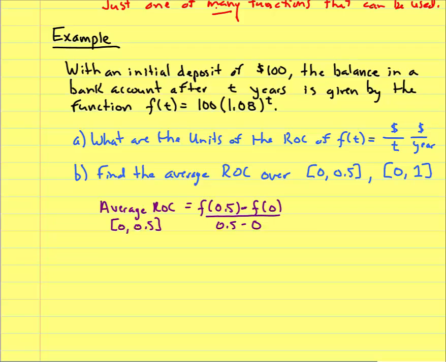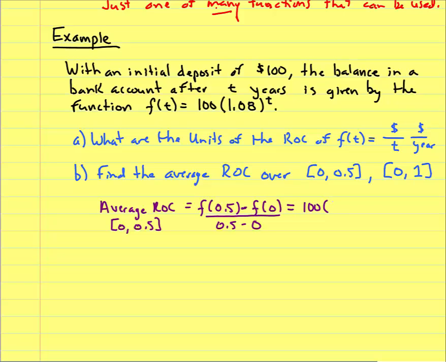Now this has to do with the same thing, driving to Sioux Falls. This was Sioux Falls minus Spearfish for my distance over time Sioux Falls minus time Spearfish. So this is the same type of thing. So now I need to take this 0.5 and plug it into this function. And if I do that, it would look like this.